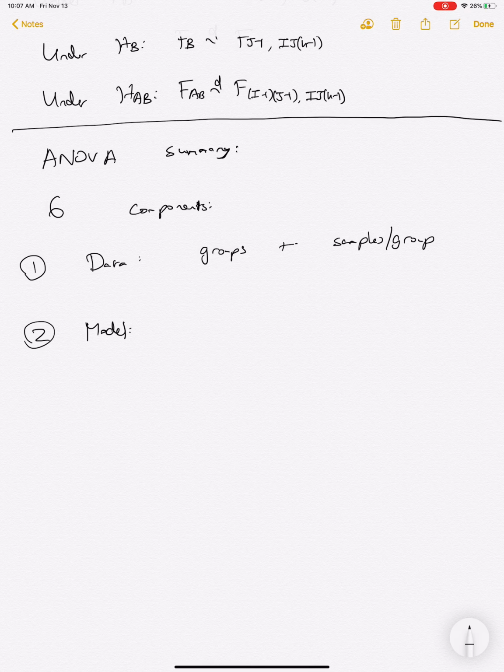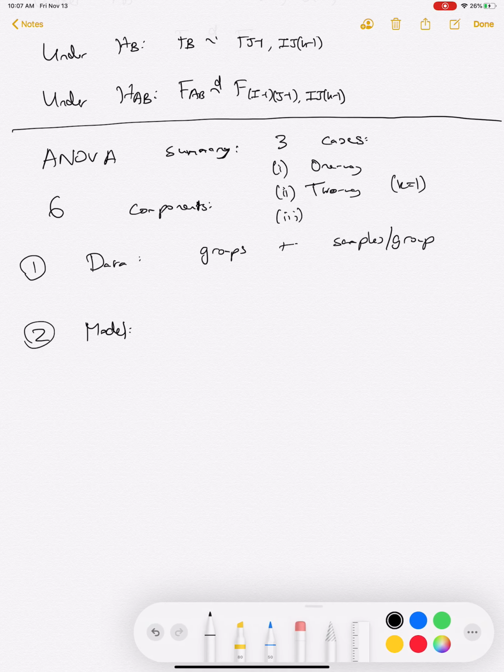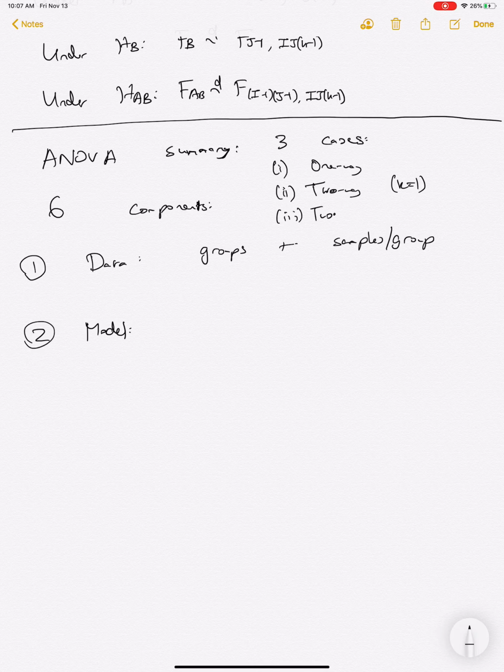And remember that there's 3 cases. 1 is one way, 2 is two-way, and that's with k equals 1. And then the third one is two-way with k greater than 1.